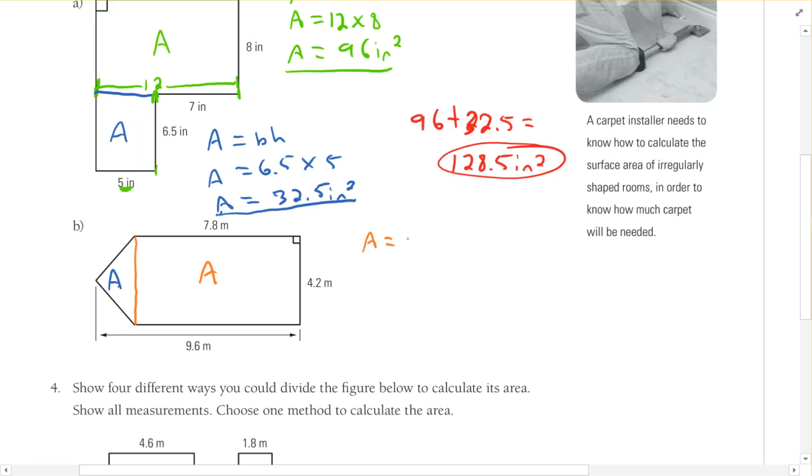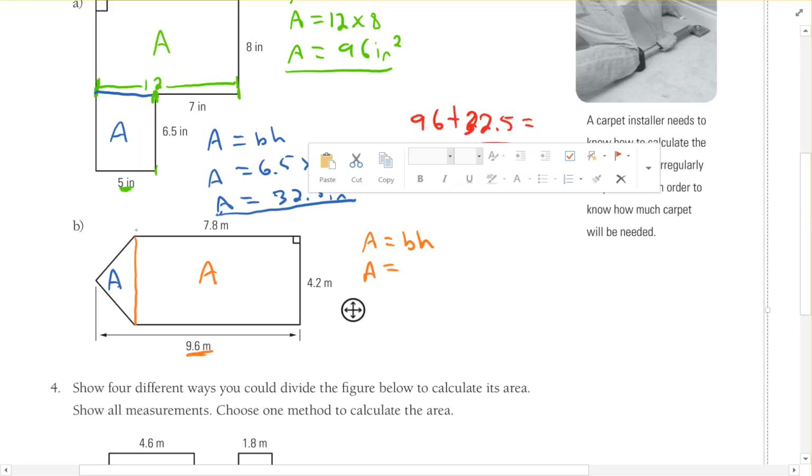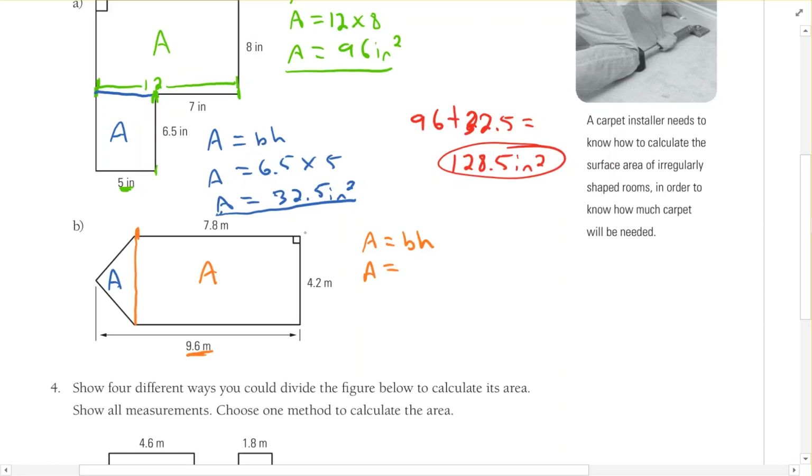Area is equal to base times height. Just make sure that we don't use the 9.6 for our base though, because our rectangle only goes from there to there, right? And that distance for my base is going to be 7.8. So it's going to be 7.8 times 4.2, which is 32.8 meters squared. So that's our first one.